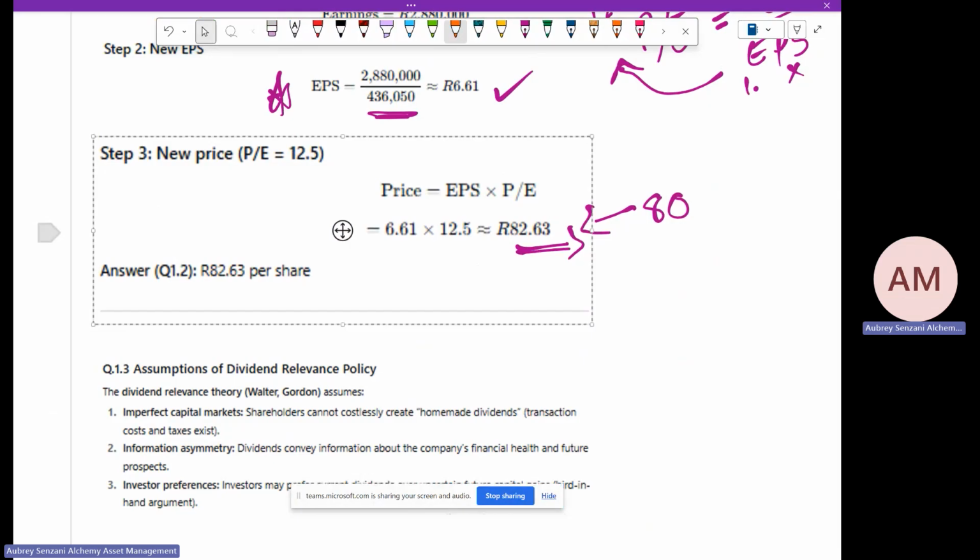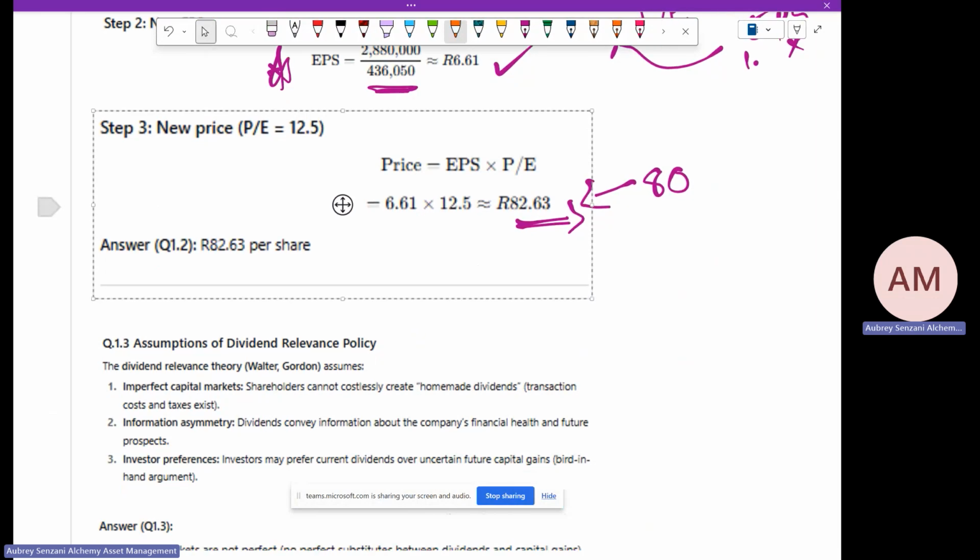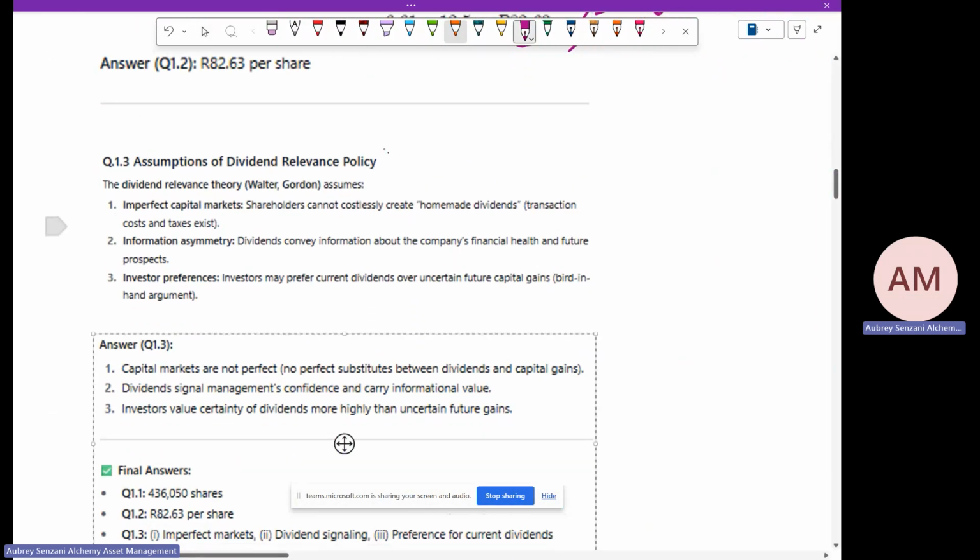So remember, you've got dividend policy, dividend relevance policy, and you've got dividend irrelevance policy. You must be able to list both. Okay, now guys, I would recommend don't use these ones, because these ones are not the ones that are in your textbook.